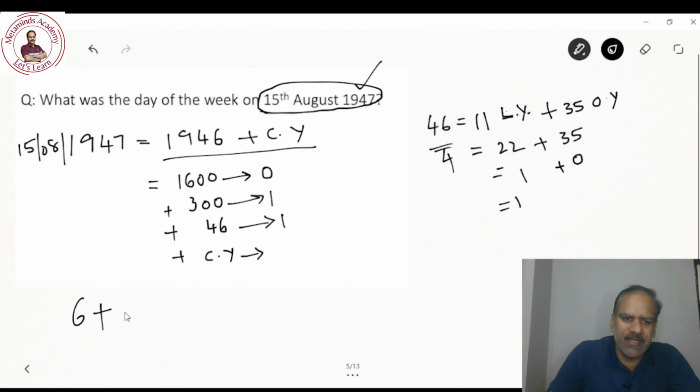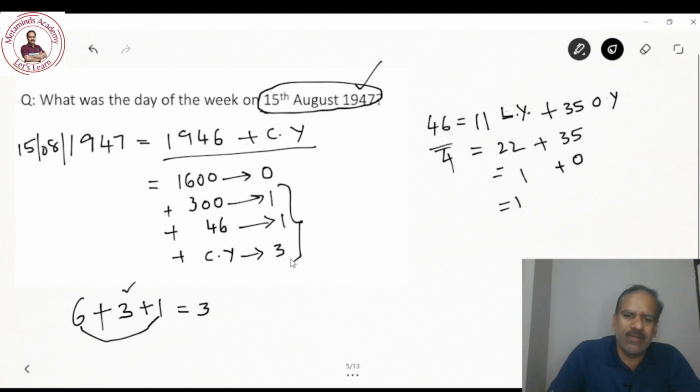July has 31 days, 31 divided by 7, you will get 3 odd days. And current month is August, up to August 15th you have 15 days. 15 days divided by 7, you will get 1 odd day. So totally 6 plus 1, 7. 7 is again equal to 0. So answer is 3.